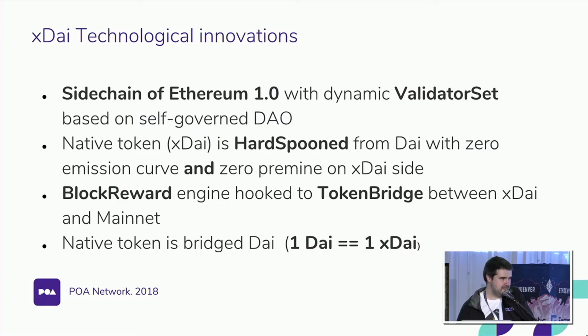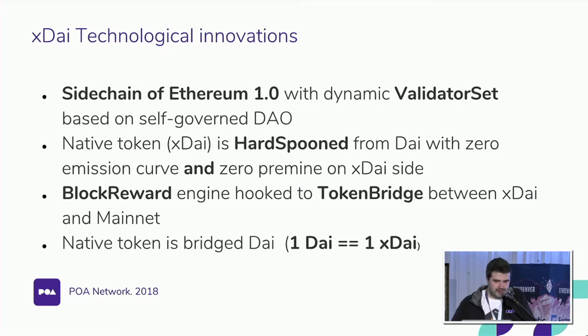So the native token on this sidechain is xDAI. What is xDAI? It's a bridged token, so a token which is locked on the Ethereum side and minted on the xDAI chain side. This process is known as a hard spoon, when emission of one token is spread across multiple networks. I think xDAI is one of the first hard spoons in production.